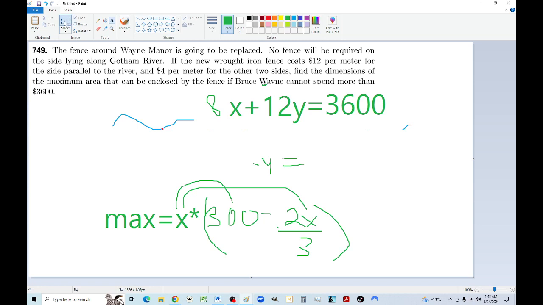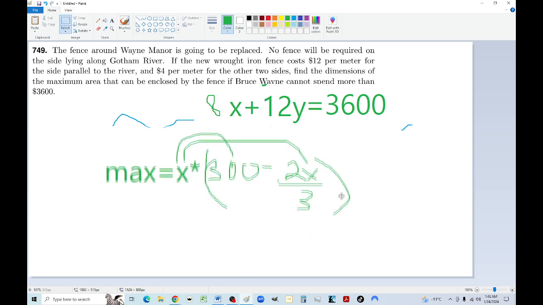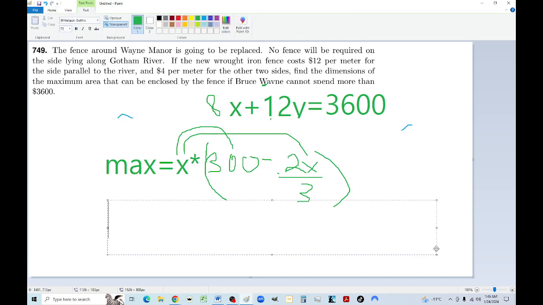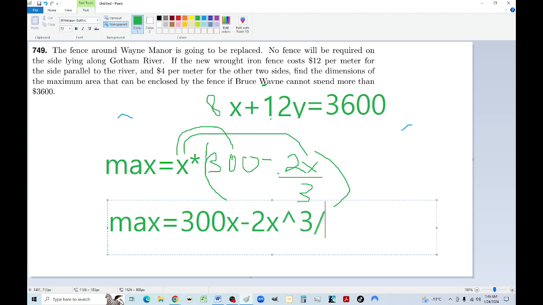My max value is going to, I'm going to use this formula and just keep the primitive equation around because it's going to be easier to use that later. The max is equal to 300x minus 2x squared over 3. So that's the same as this.